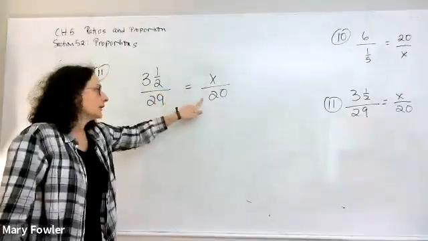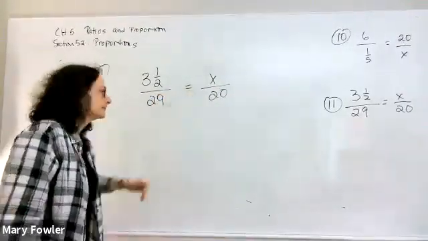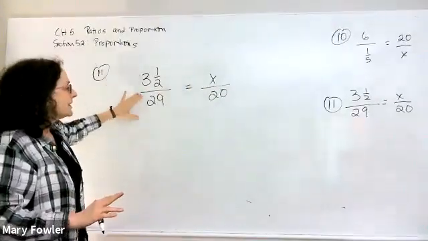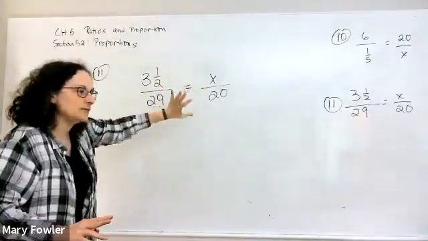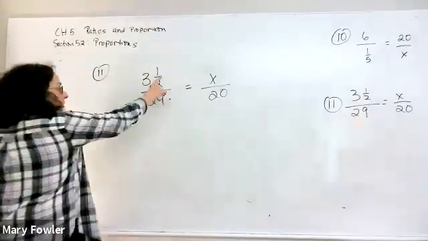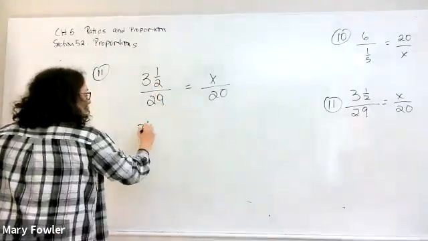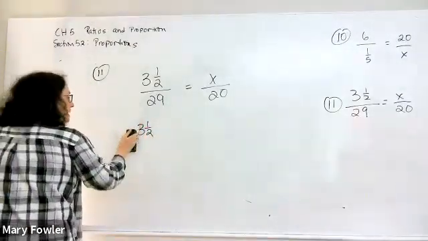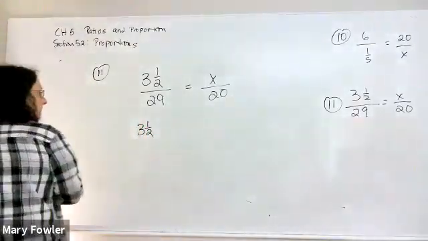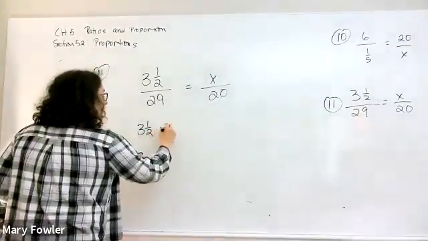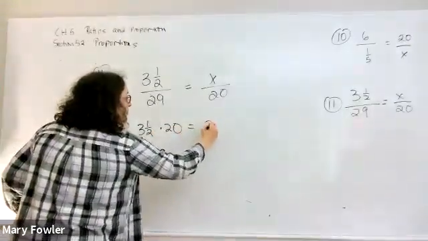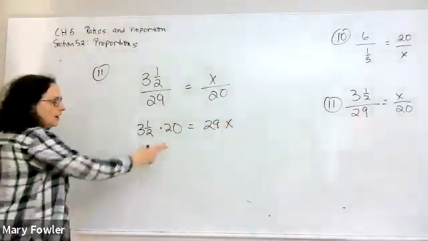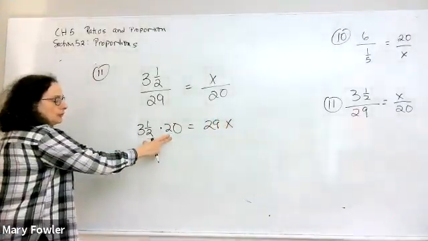We're going to cross multiply. Okay, once we cross multiply, we are going to end up writing all of the numbers in fraction form, but I think it'd be better to cross multiply first. So we have 3.5 times 20 is equal to 29x. Okay, so we're going to multiply over here.